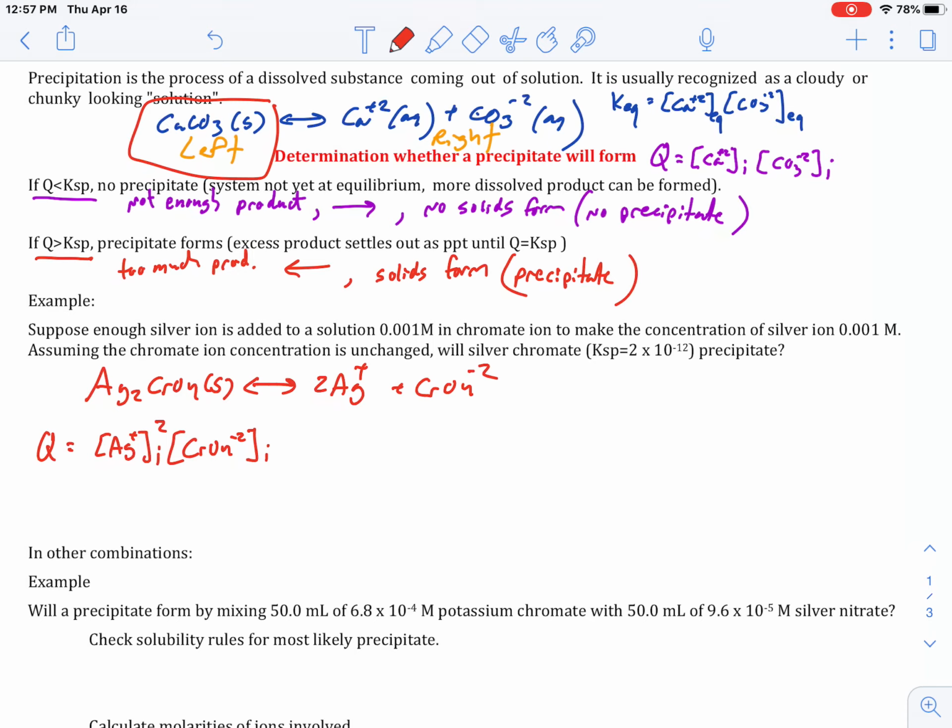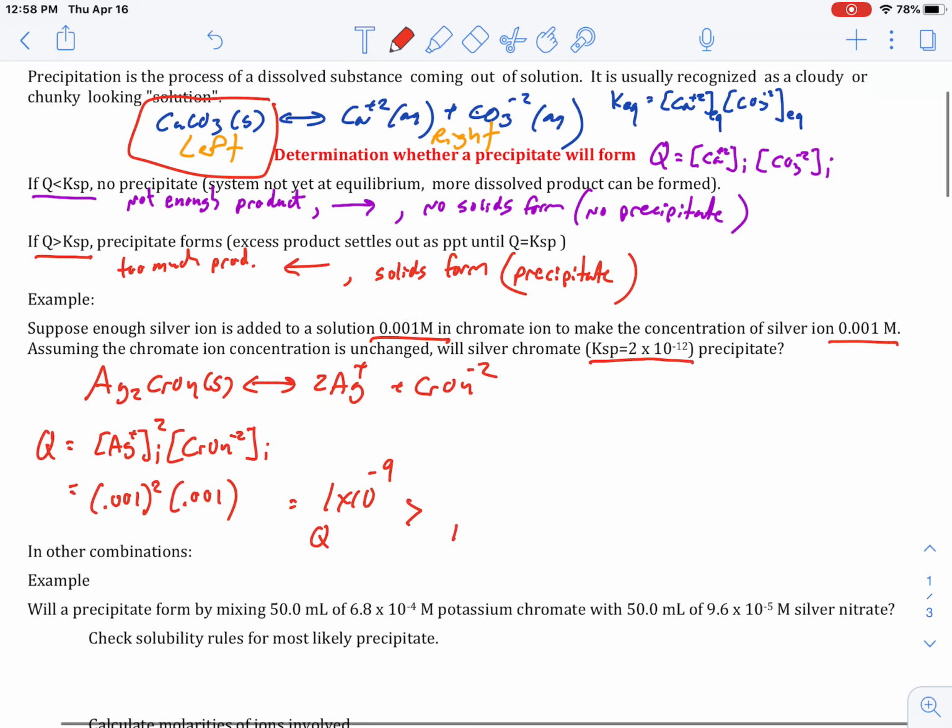Now, in this problem, we are told what the initial concentrations are. They're both 0.001 molar. So if we substitute those in, we get a value of 1 times 10 to the minus 9. That's our Q value. That value is definitely greater than the given K, which is 2 times 10 to the negative 12.